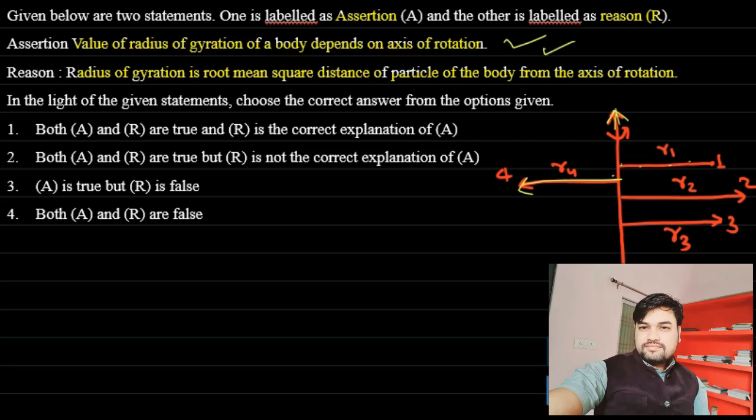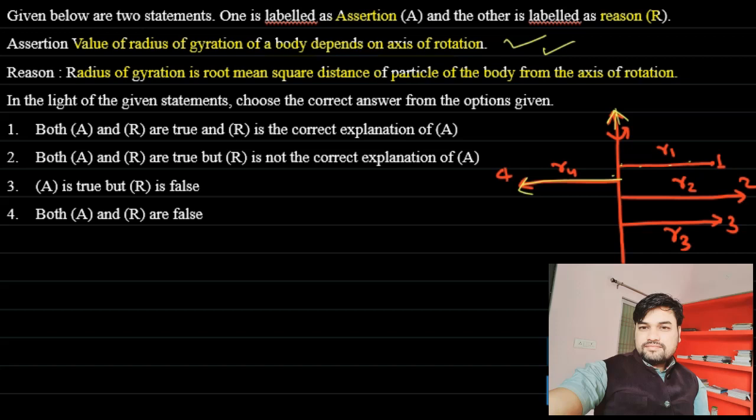This statement is true, and to calculate the radius of gyration we can write, there are n number of particles at a distance r1, r2, and r3, and so on.